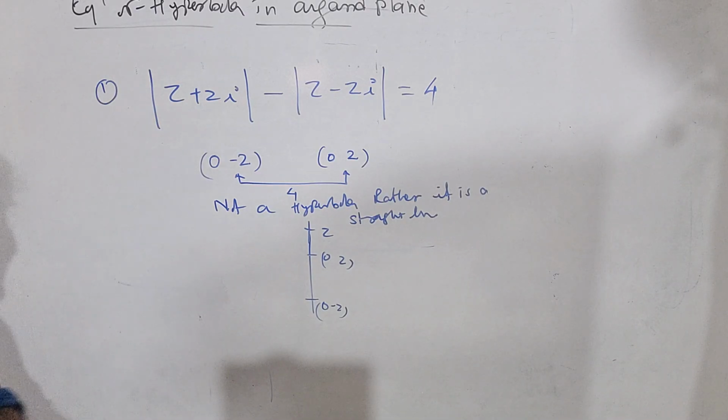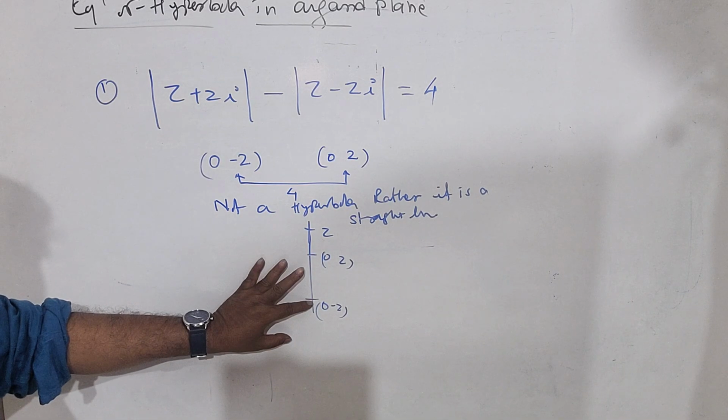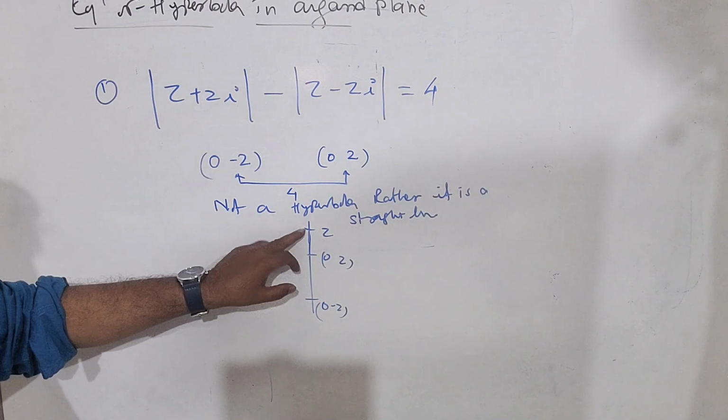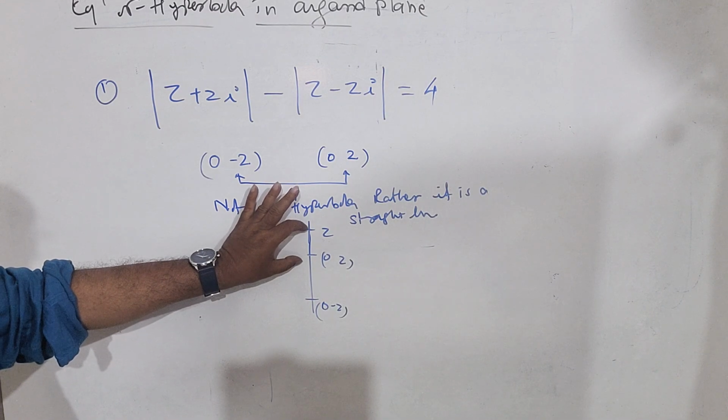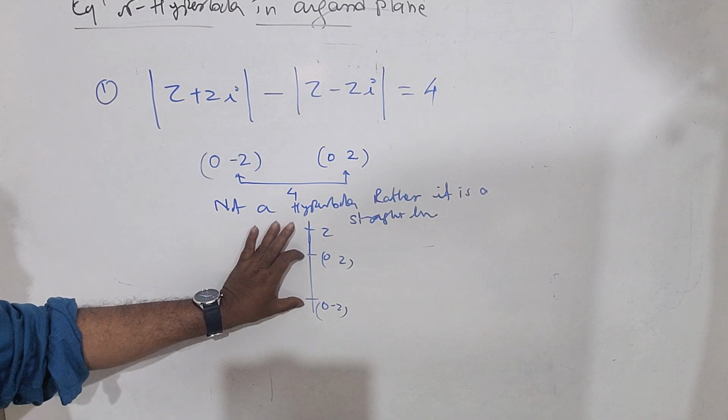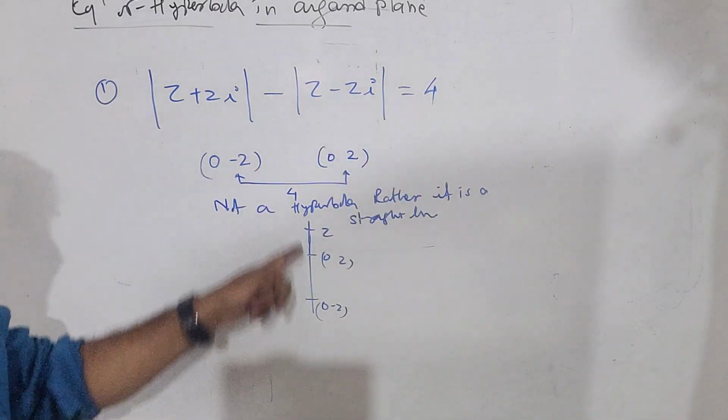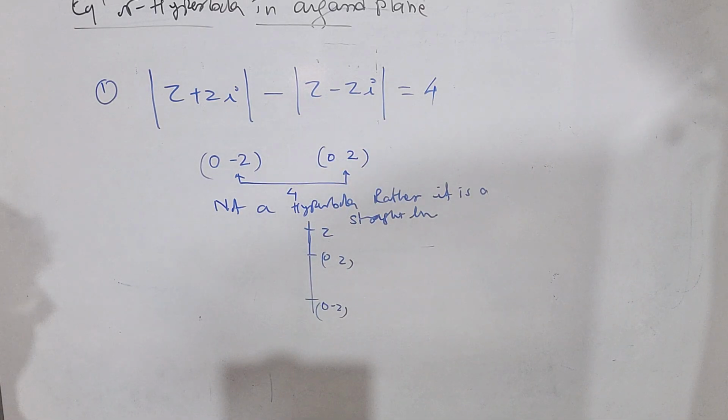So the distance of z from this point minus the distance of z from this point is equal to the distance between these two, that is 4. So therefore this is a straight line at this time.